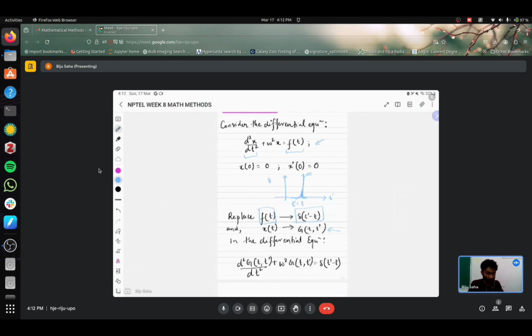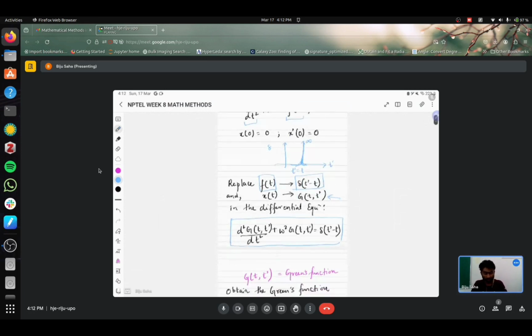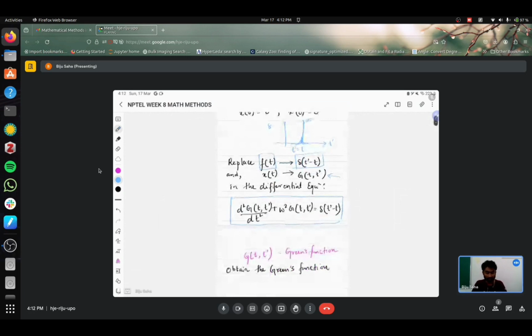When we do this replacement, this is how our modified differential equation looks. On the right hand side I have the Dirac delta, and instead of x I have this function g. This function g is itself what is known as the Green's function.